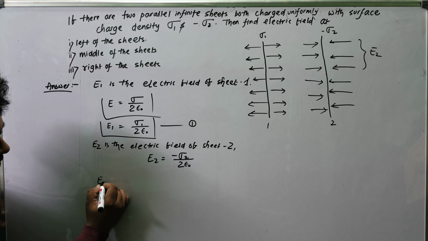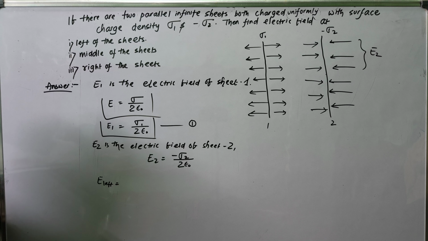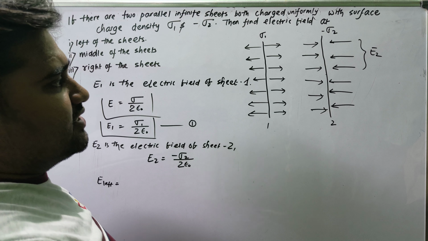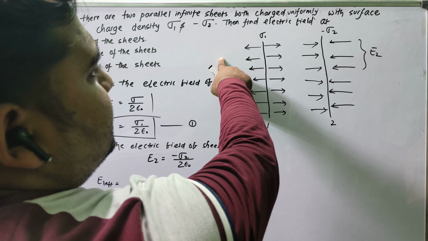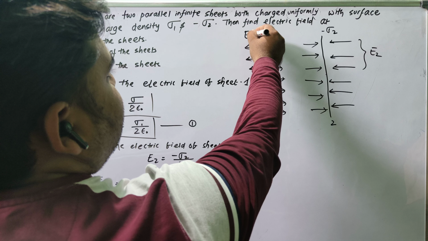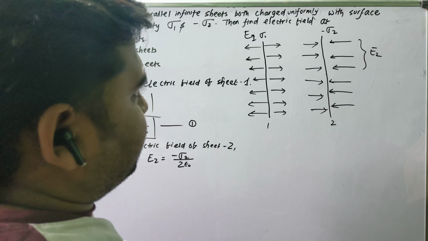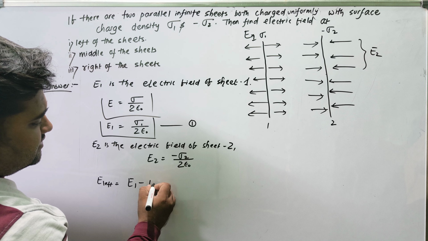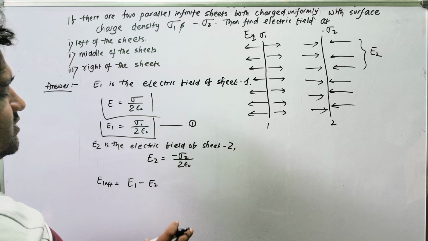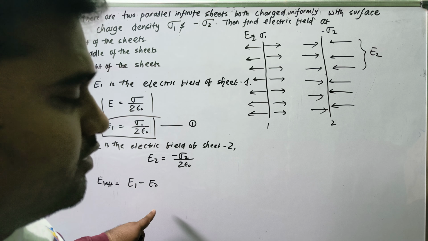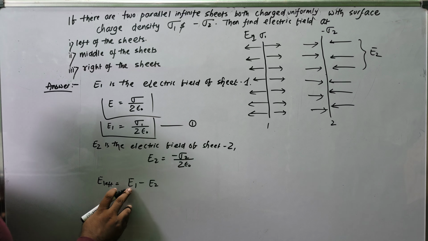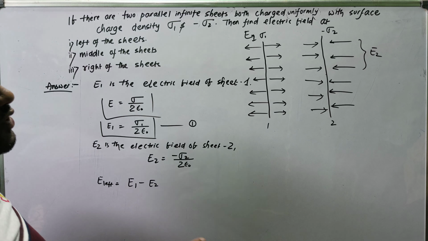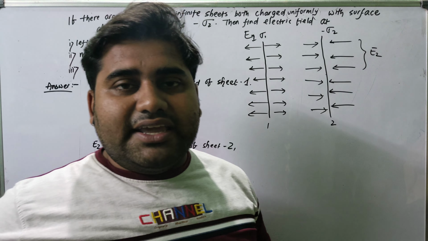So E left: you can see that E1 is pointing in this direction and E2 is pointing in this direction. That means at such points E1 is opposite to E2. So you have to write E1 minus E2. Since they are opposite to each other, we can algebraically subtract one from the other. But we don't know whether E1 or E2 is greater, since we don't know whether sigma 1 or sigma 2 is greater in magnitude.